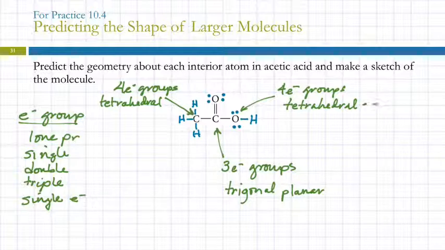When there are no lone pairs, the electron geometry and the molecular geometry are the same. But here we have lone pairs, so what's the molecular geometry? It looks linear, right? But 4 groups make a tetrahedron, and then you make 2 of those groups invisible, so it's bent. That's the molecular geometry.